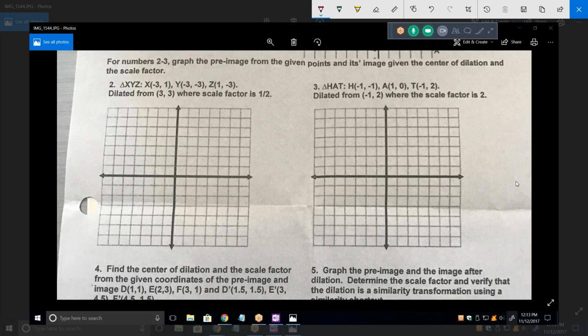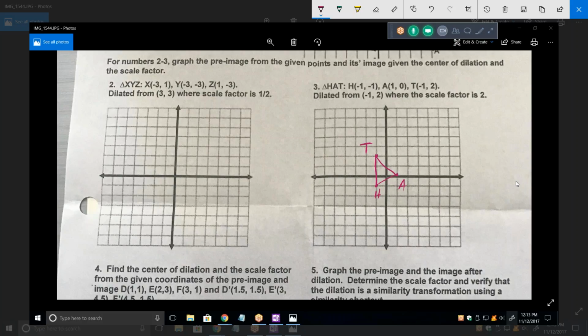There's H. There's A. And there is T. I'm assuming that's the image.